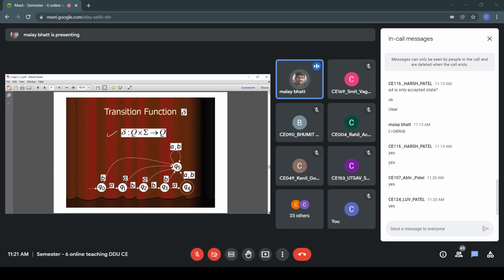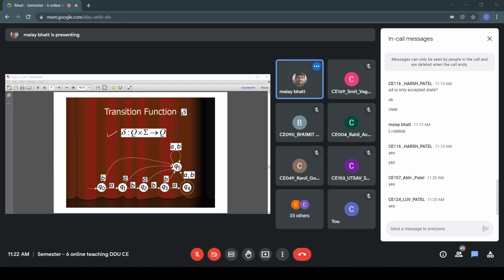Okay, now let us define the transition function, that is, how transition is actually carried out in the finite automata. It is defined as delta: Q cross sigma gives output Q. This tells that a combination of state with the input symbol will always give you a new state.